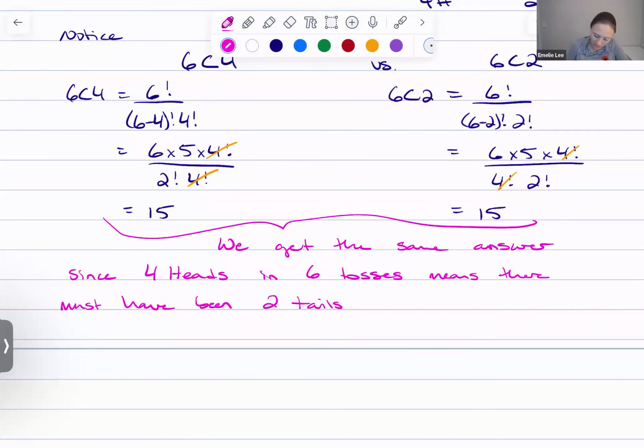And vice versa. So very similar to the taxi route, right? If you force 4 heads, well, in 6 tosses, if you only have 4 heads, then the other 2 have to be tails. Okay.